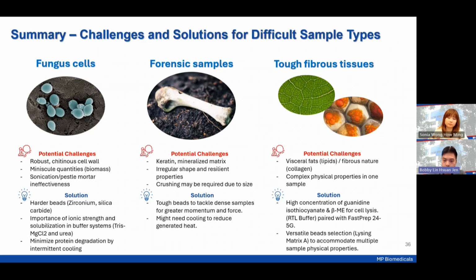The potential solution is using a higher concentration of a buffer system, such as guanidine-based salt, or even beta-ME for cell lysis. In terms of homogenization, we can select Lysing Matrix A, a versatile, all-around bead that is able to accommodate multiple sample physical properties.